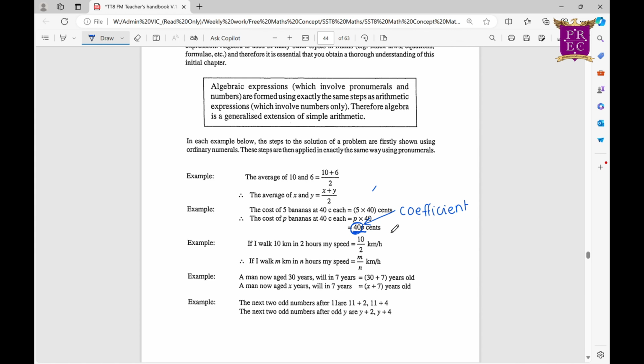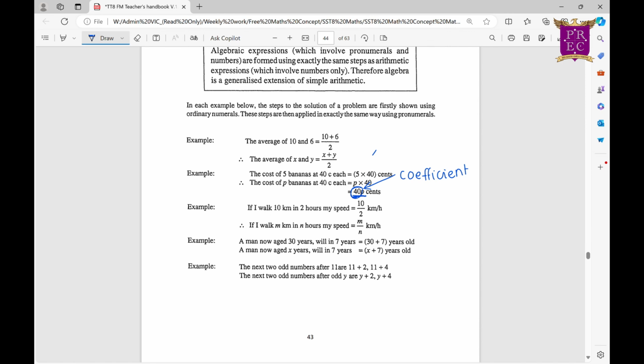As you can see, it follows the exact same way that all arithmetic does, especially down here, the next two odd numbers, 11 plus 2, 11 plus 4, after y plus 2, y plus 4. So to grasp a pronumeral is not that difficult. It works the same way that regular numbers do.